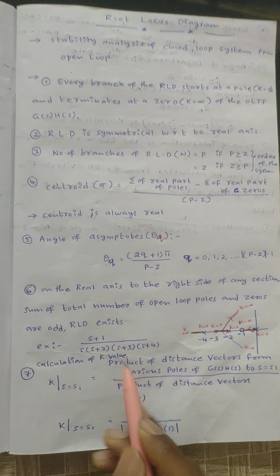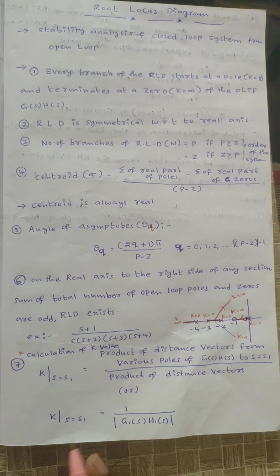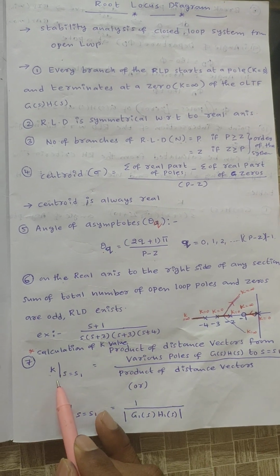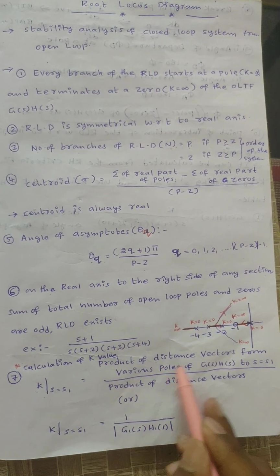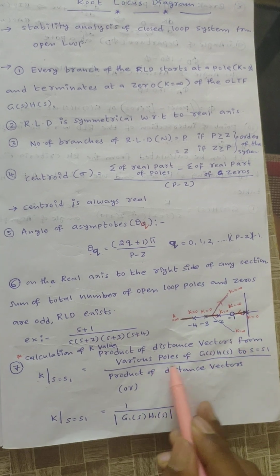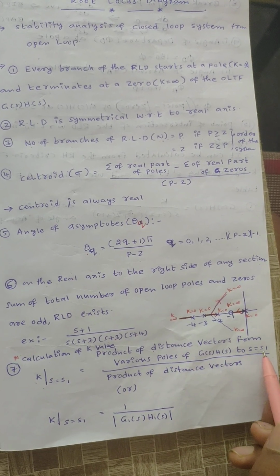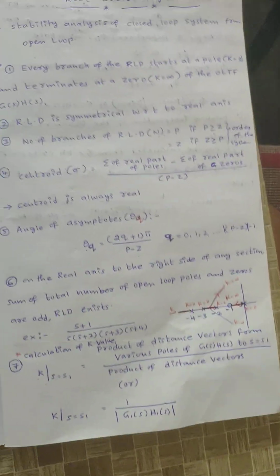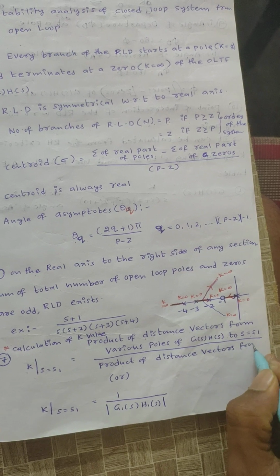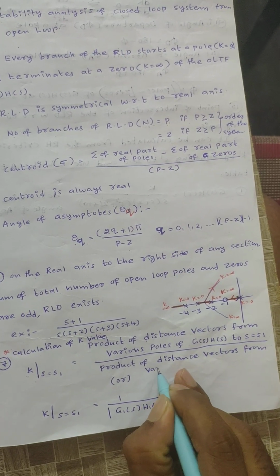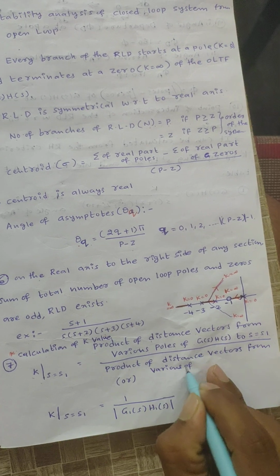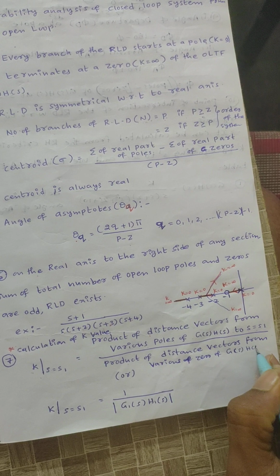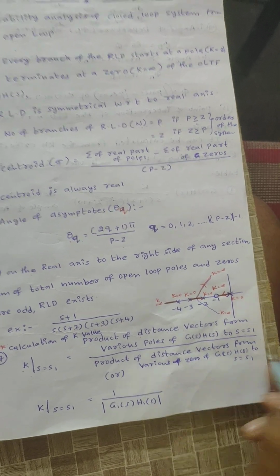calculation of k value. Maximum, we may get questions from this topic. Why? Because it is simple. K equals, at s equals s1, the product of distances of vectors from various poles of G(s)H(s) at s equals s1, divided by the product of distances of vectors from various zeros of G(s)H(s) at s equals s1.